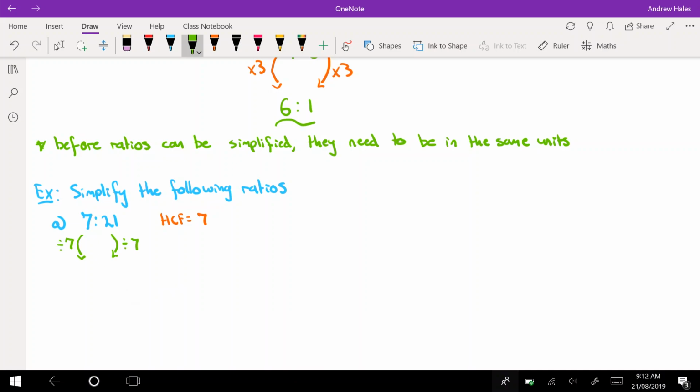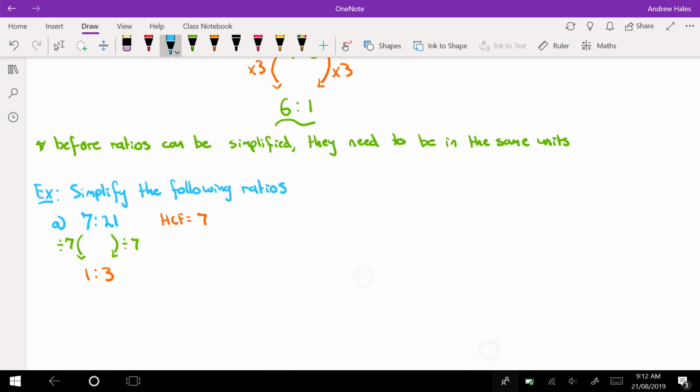I found the highest common factor. I divide each number by that said highest common factor. Okay, 7 divided by 7, that's easy enough. That gives me 1. 21 divided by 7, that gives me 3. So my new simplified ratio is 1 to 3.